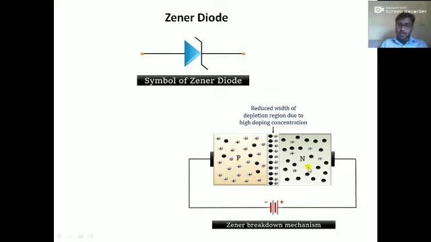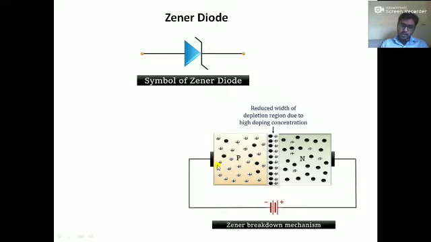So the impurity level is very high, such that the number of free charges is much more than in a normal diode. Just keep in mind, the normal diode is lightly doped and the Zener diode is heavily doped.